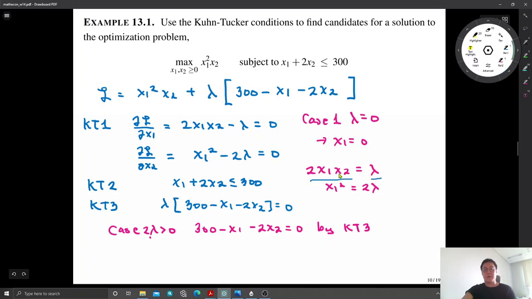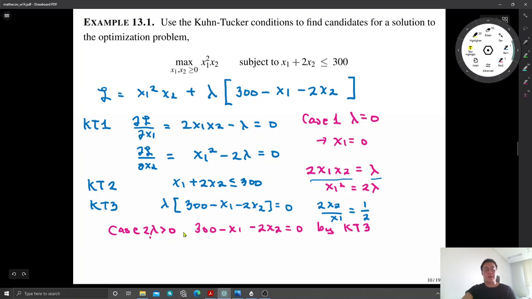So if I take a ratio of each side, then on the left-hand side, I obtain 2x2 over x1. On the right, I have 1/2. In the first case, this was not possible because we would have to divide 0 by 0. That is undefined.